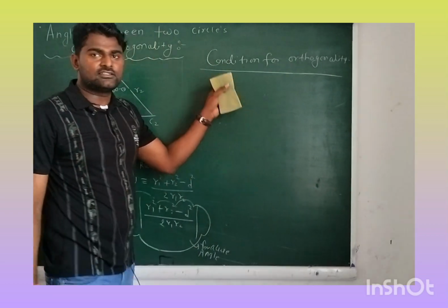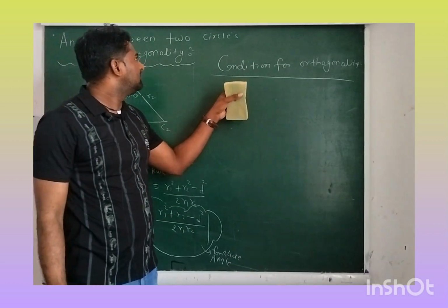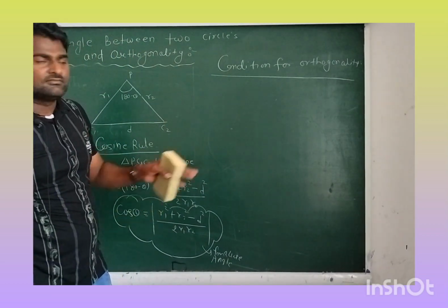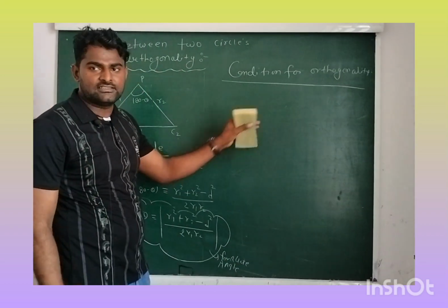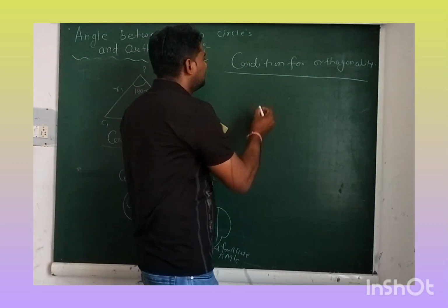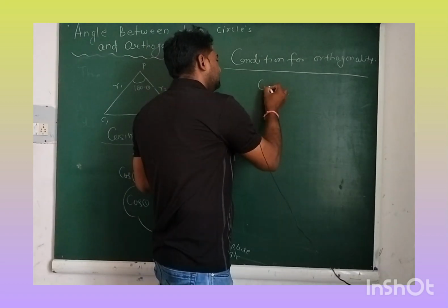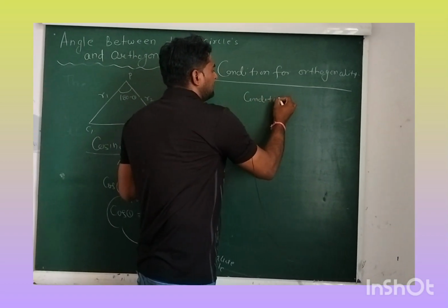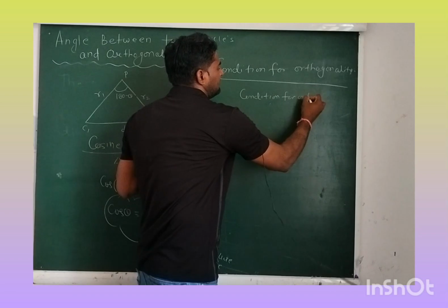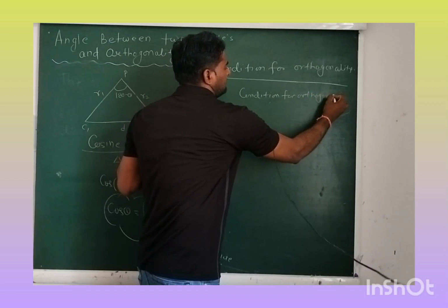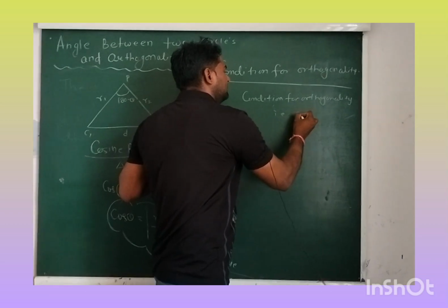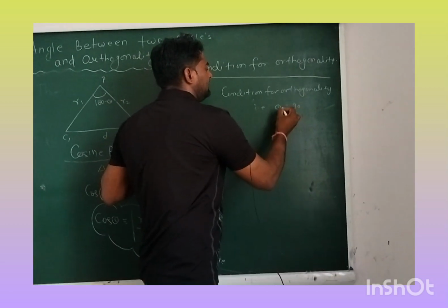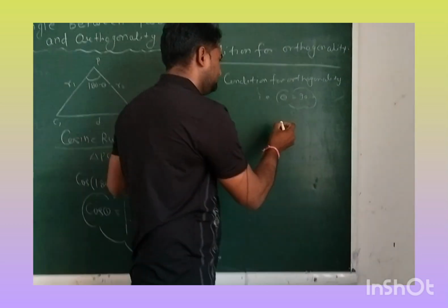When two circles are orthogonal, these two circles cut each other at right angles, or we can say the angle between their common tangents is 90 degrees. So orthogonality means theta is equal to 90 degrees.